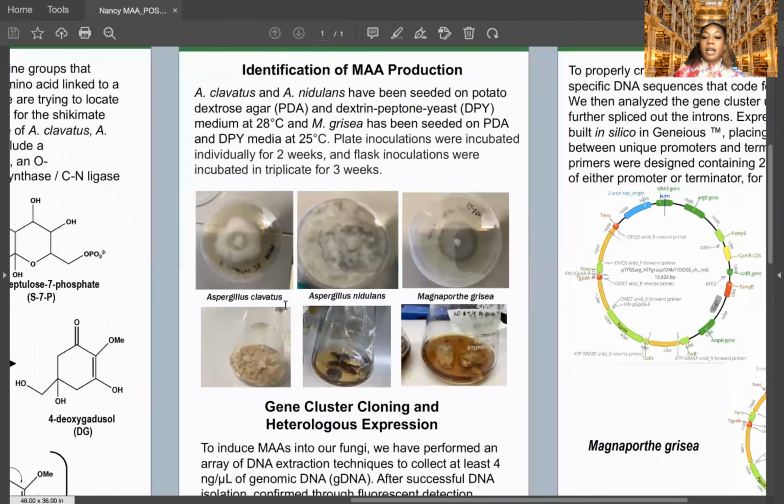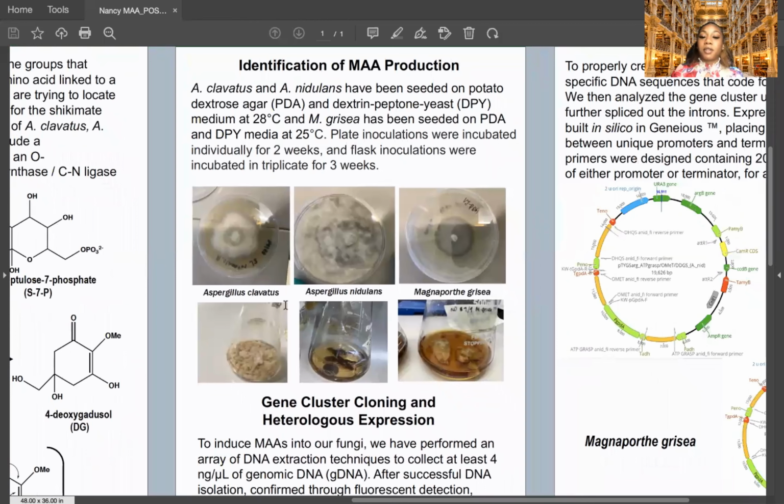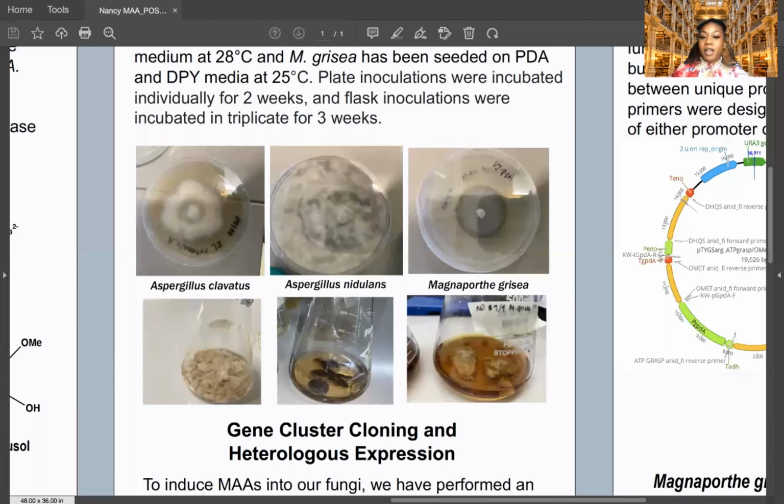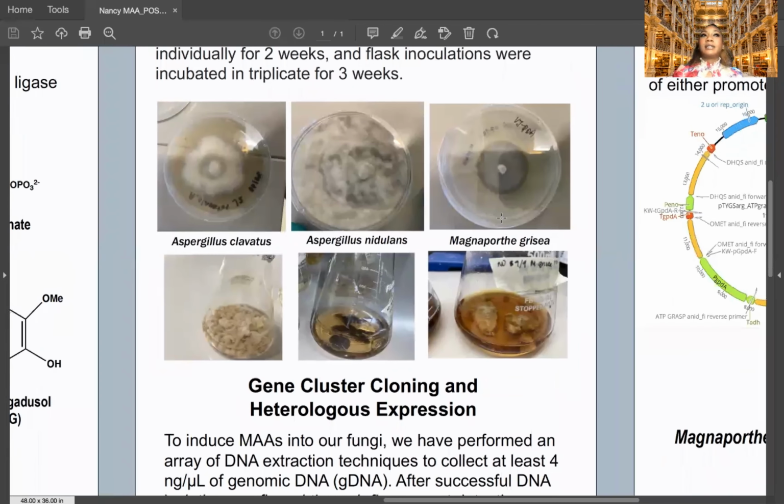We saw within Aspergillus nidulans and Macrophomina grizzliae in specific that in the presence of PDA they created melanin, which, as you can see, the nidulans here turned from white, obviously, to the very dark brown color you can see, and the Macrophomina grizzliae turned the actual medium brown, which led us to believe that it's possible that the fungi are creating melanin as a primary defense mechanism against the UVA that was found within the fluorescent light bulbs in the lab.